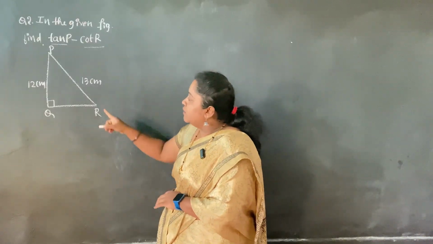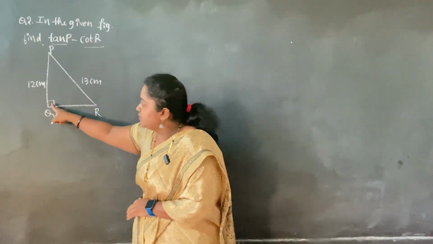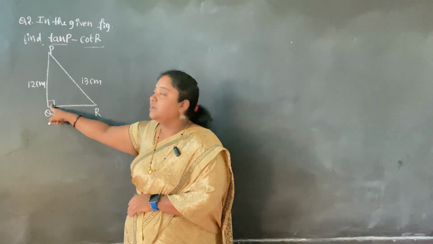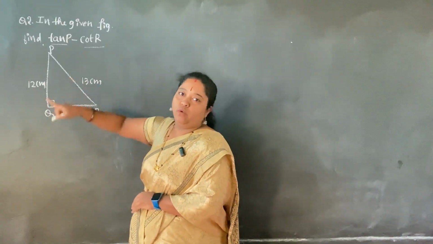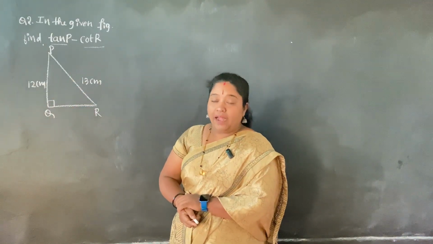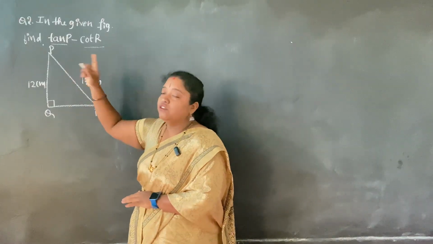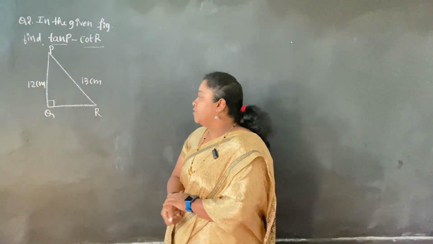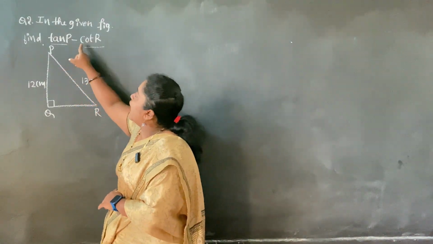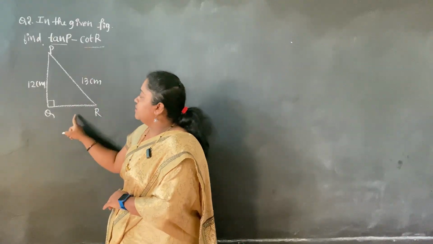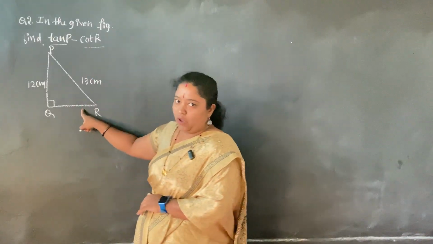Now dear, this is given as a right angled triangle, and you know that trigonometry can be applied only to a right angled triangle, and that too to acute angles of a right angled triangle. Fine. Now to have tan P and cot R, it is necessary that I should have this base value also.